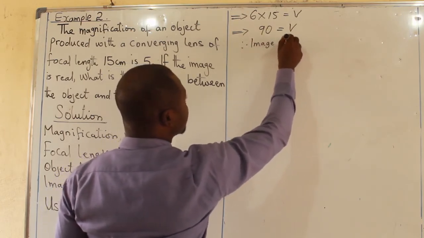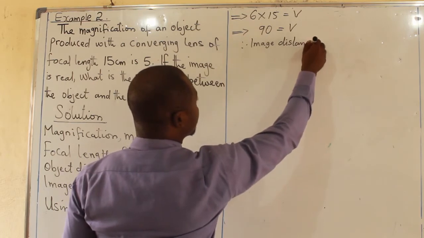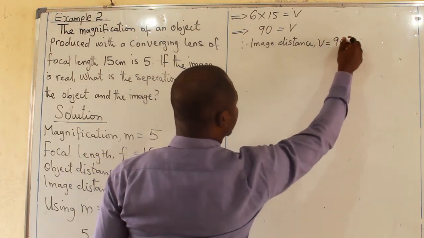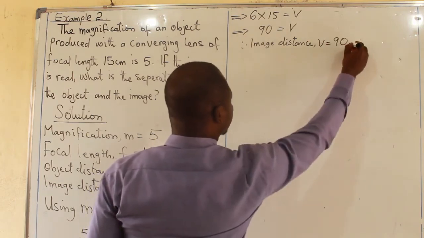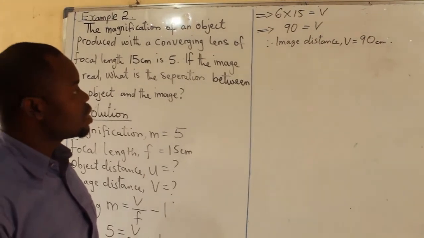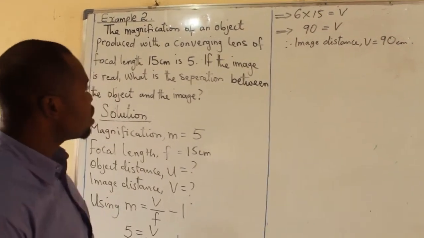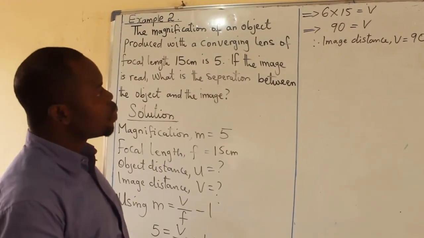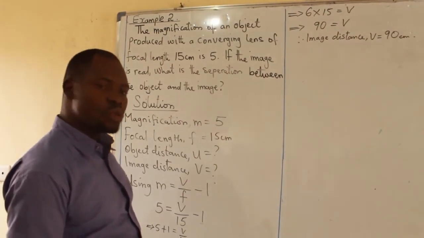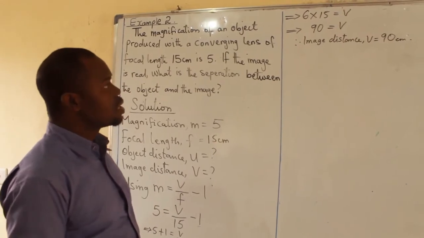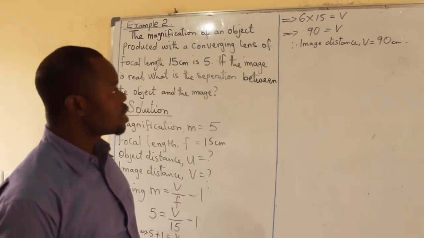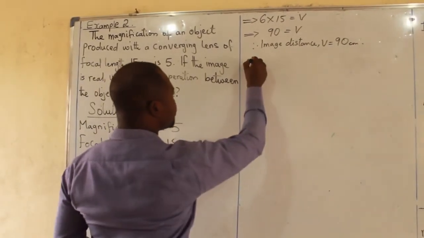Therefore, image distance V equals 90 centimeters. So the image distance equals 90 centimeters. But the question says we should calculate the separation between the object and the image. So the next thing to do is to find the object distance. So let's go ahead and find the object distance.